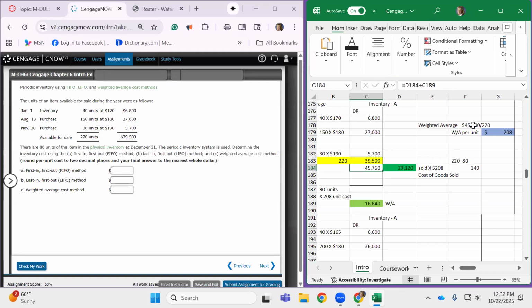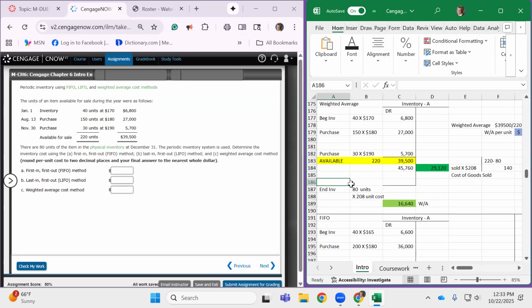So 39,500 divided by 220 is 180. Okay, so we got a little bit of polishing up to do here.